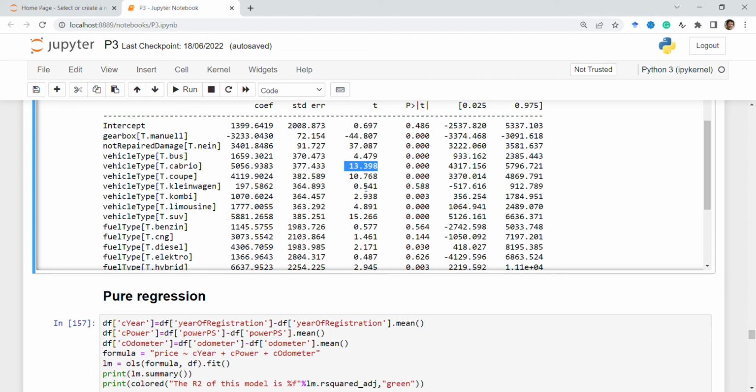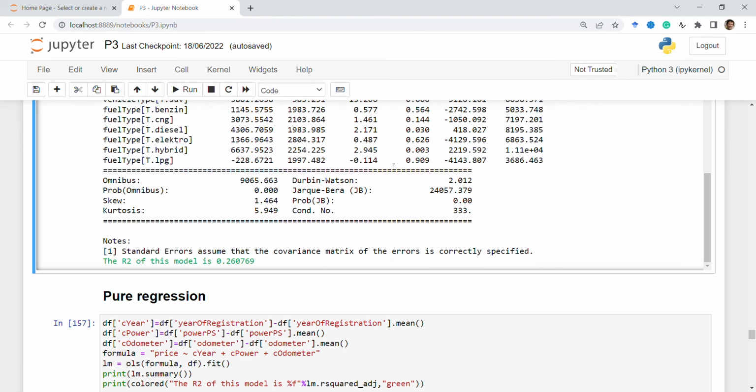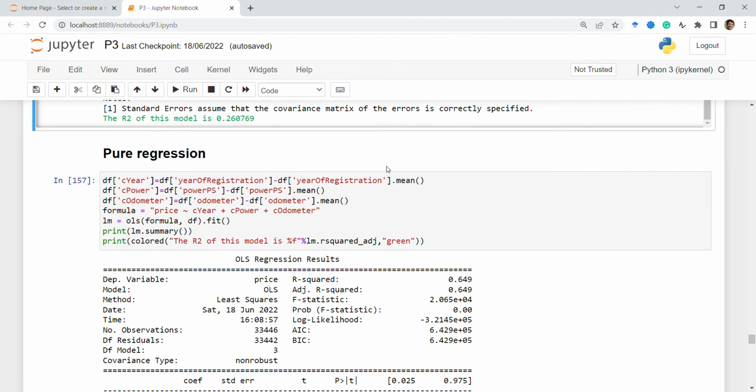So somehow these are the same information that we had before, and all the others are much weaker influences. Many of them are not significant. Okay, but that would be enough for the ANOVA presentation.